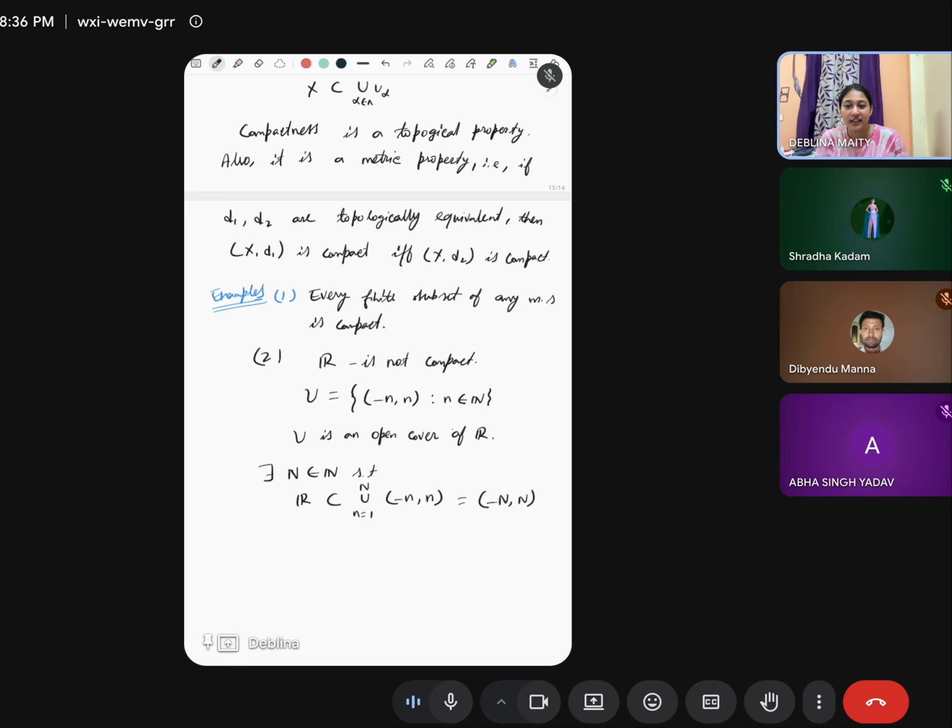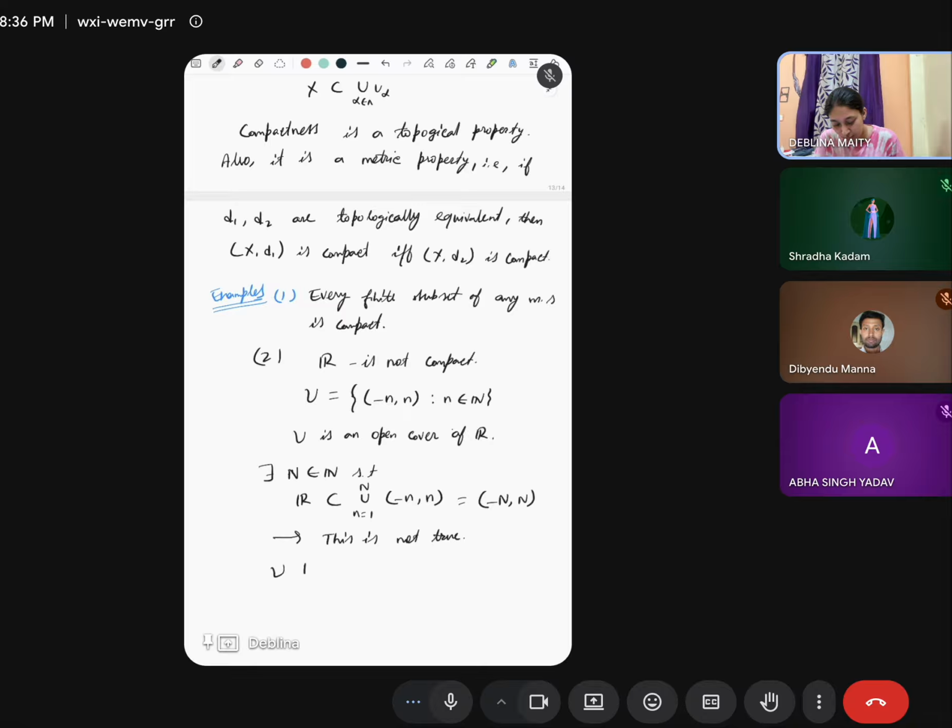So R would be contained in (-N, N). This is absurd, right? This is not true. So it does not have a finite subcover.